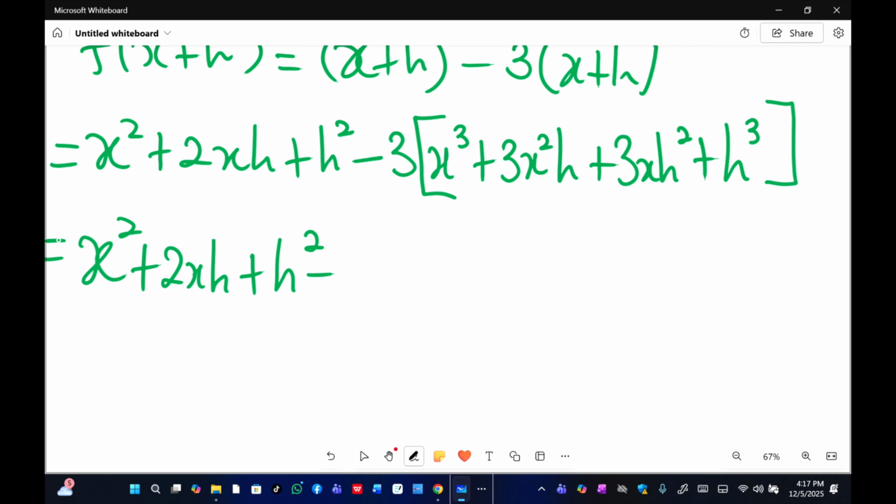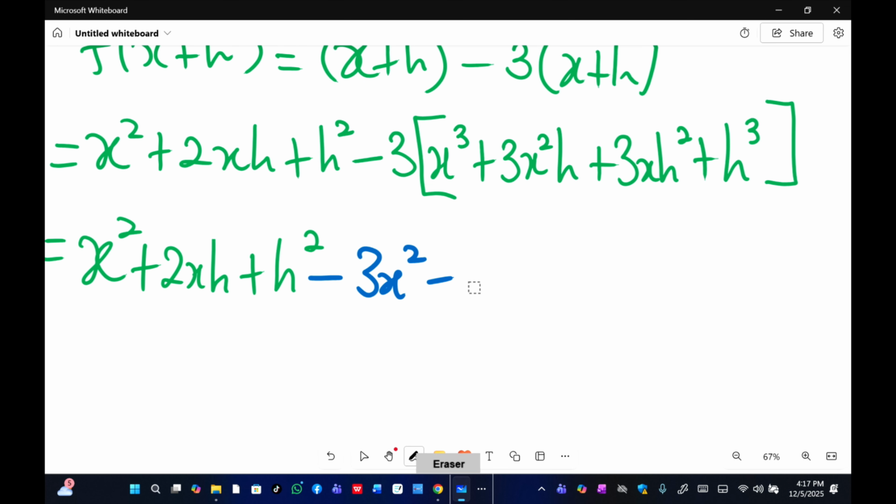And here we are going to get minus 3, open bracket nicely. So let us expand straightforward. So here will be negative 3x. Let me use a different color. So when you expand, we are getting negative 3x squared and minus 6.